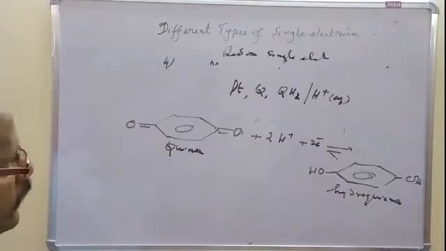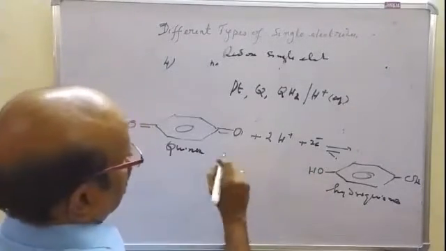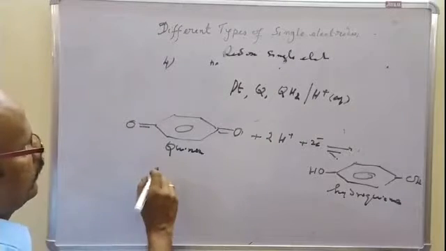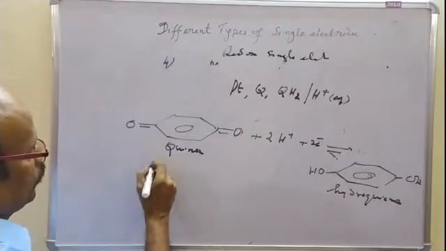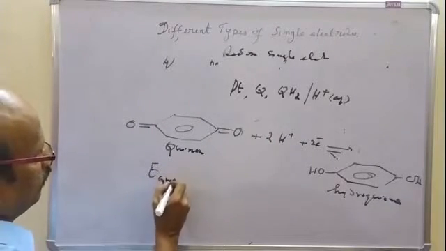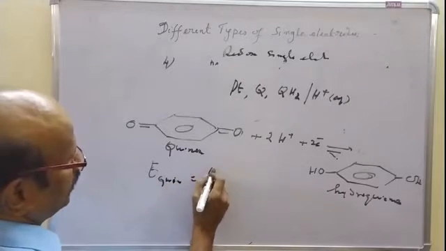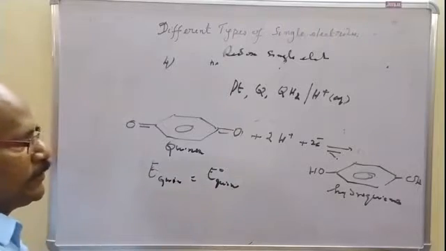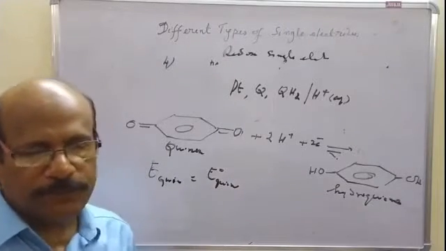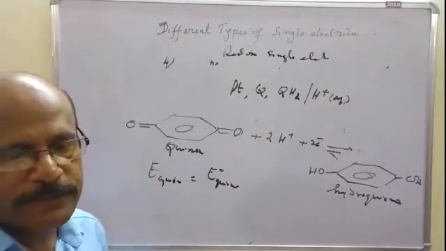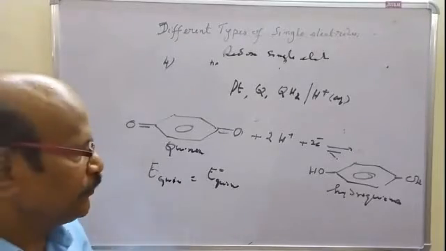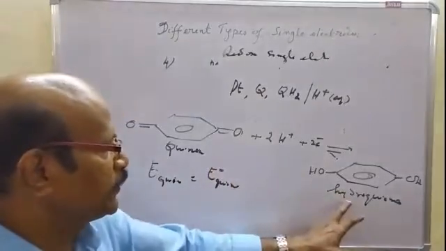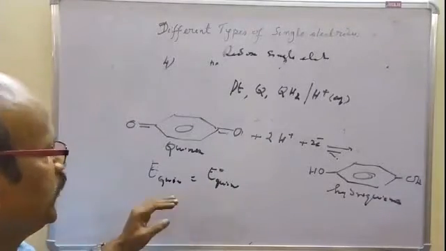You have to remember that it is an electrode that is reversible with respect to H plus ion. So E quinone is equal to E0 quinone. The equilibrium mixture of quinone and hydroquinone is called quinhydrone.